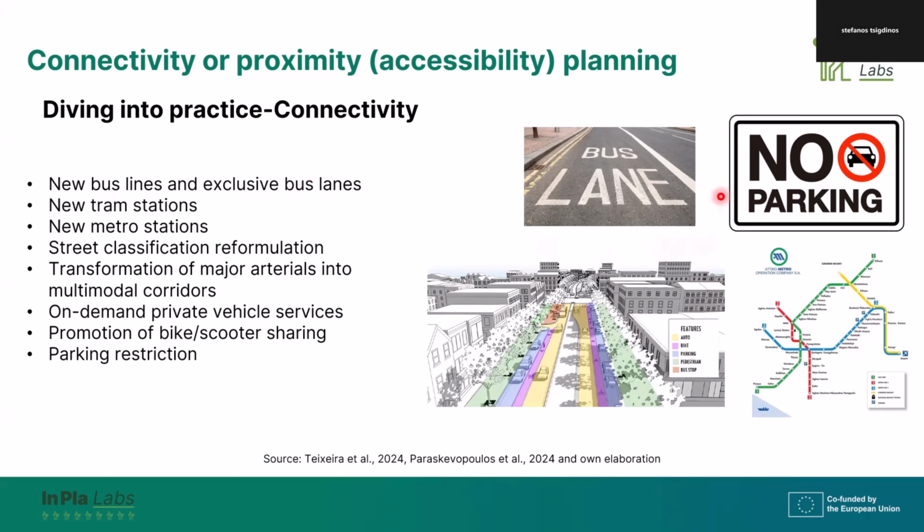You can see some pictures to understand the visualization of some examples in the planning approach. For example, here are metro lines or a bus lane. And this is a multimodal corridor. It's like taking a corridor destined for cars and differentiating it, giving different priorities to different users. So these are the connectivity measures that you are going to employ later.